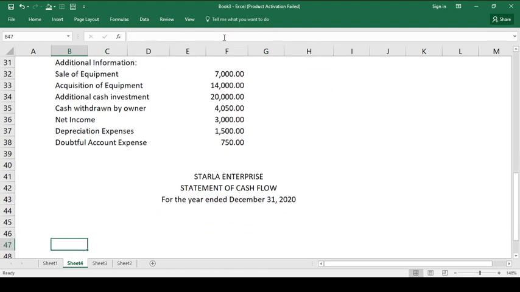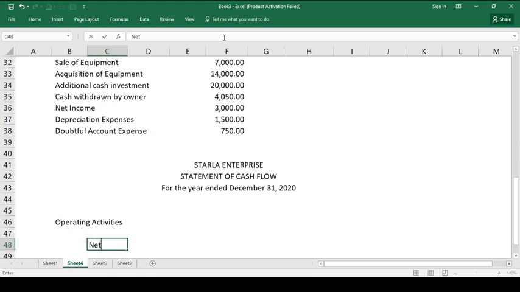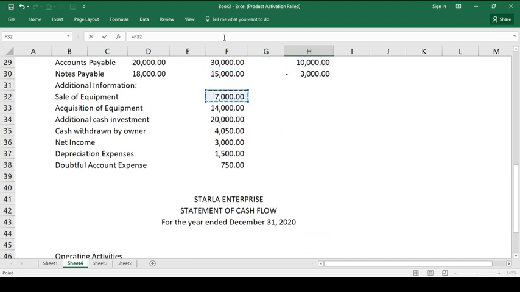So, for operating activities, okay, yun pinakauna, using the indirect method, we will begin the computation by identifying the net income, which is clearly provided in the problem that the net income amounted to, ito yon no, 3,000 pesos.